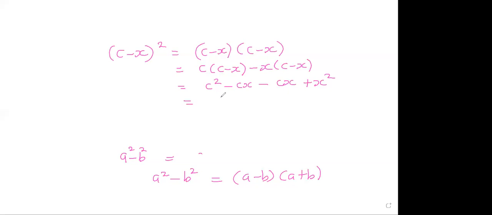That is equal to C squared plus x squared minus 2CX. Okay, yes. Now, what you are talking about, you would have been correct if it was c minus x, c plus x. So this is where the difference of two squares comes in. Okay, sure. Thank you very much.